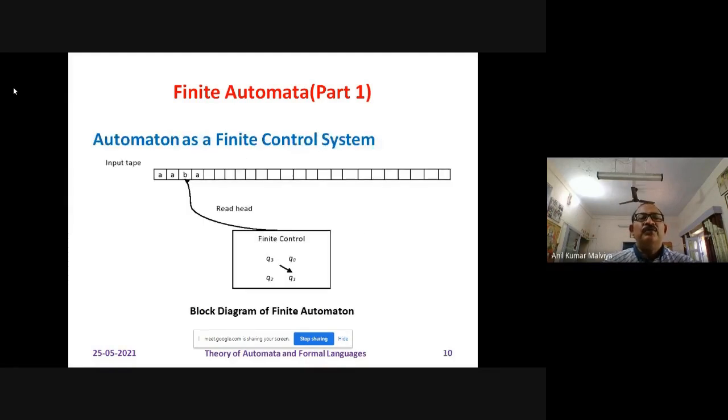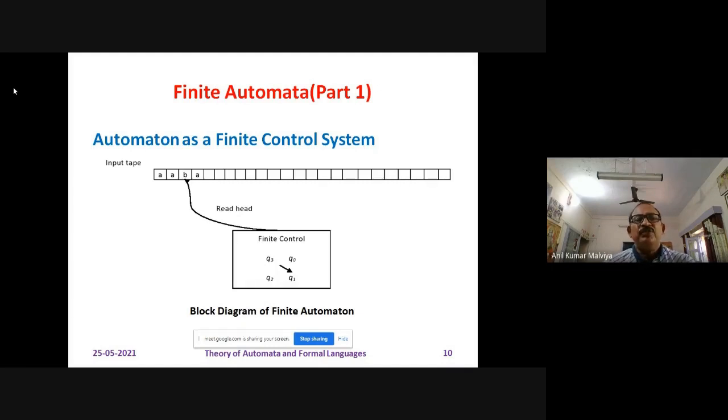We can view a finite automaton as a finite control system. The ingredients of this system are an input tape, which is closed at one end and infinitely long at the other end; the tape head, which moves in only one direction, the right; and the finite control.